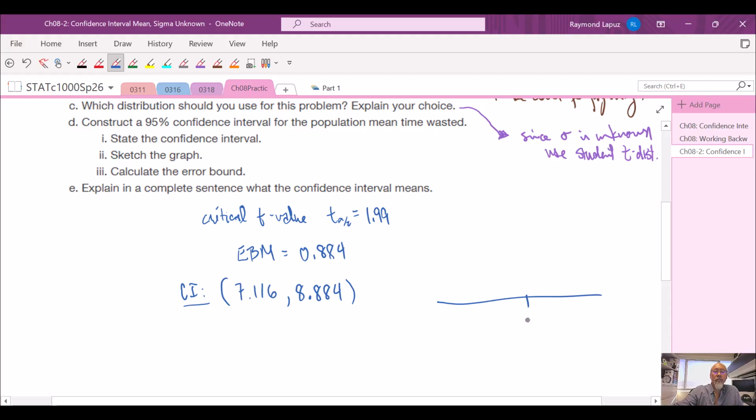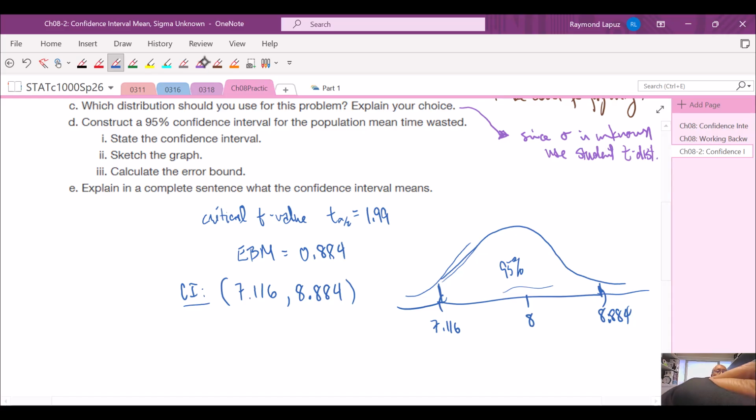Okay, now the graph of this, we can do this graph in just one dimension, like an interval like this, that has 8 to be our mean, and then it has 7.116 and 8.884 as our endpoints. But really, it comes from a normal distribution. This is normally distributed, and from those levels, we have 95% confidence in here, and then some tails out there that add up to 5%.